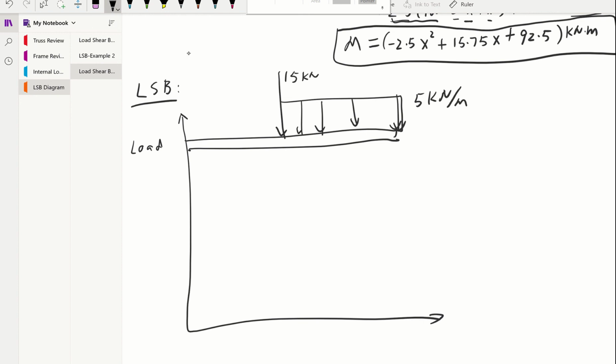We also have an external moment, 80 kilonewton meter. We calculate the A is 5.75. At point B, reaction support is 34.25 kilonewton. All right, that's our load, our shear.